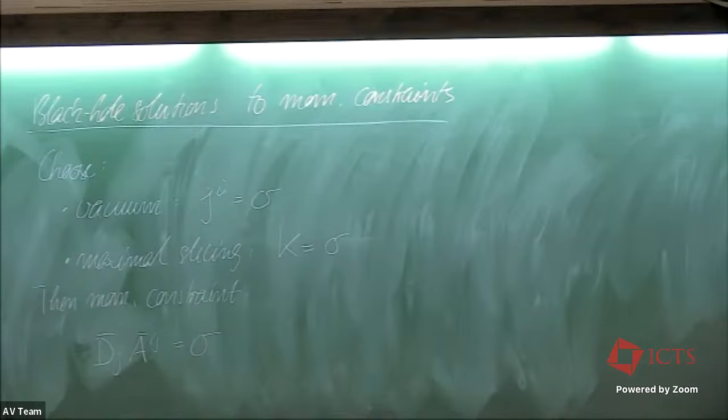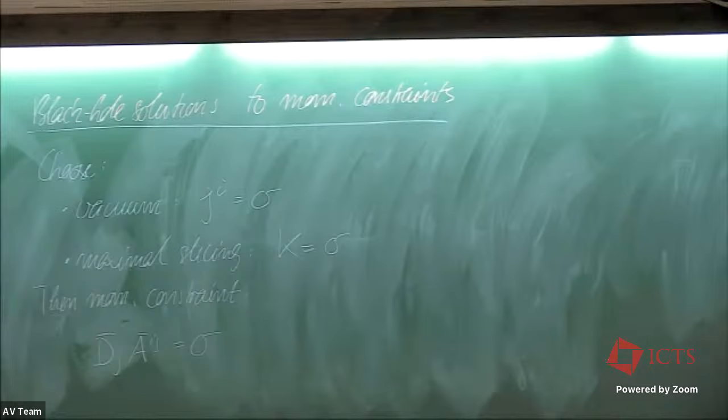The other thing you notice is that by having chosen K equals 0 and J equals 0, the appearances of psi disappeared. So this equation is now independent of the conformal factor, which is great because that means we can solve this equation by itself without simultaneously solving the Hamiltonian constraint for psi.